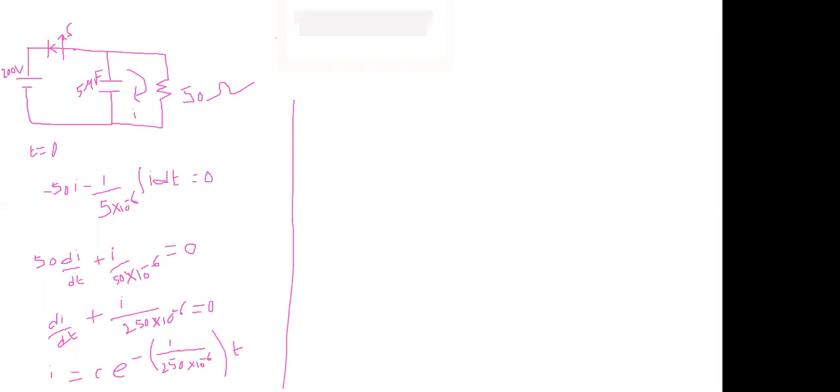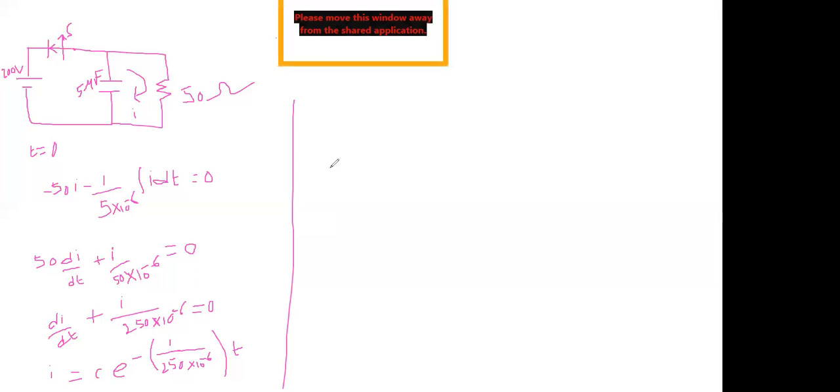Next, our aim is to calculate the constant C. The procedure is to consider t equal to 0 minus, not 0 plus, just before the switch is opened.